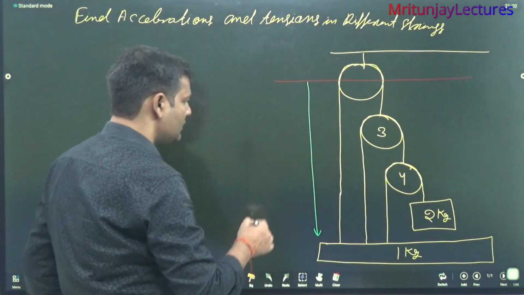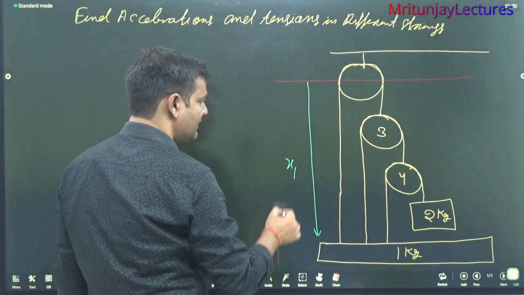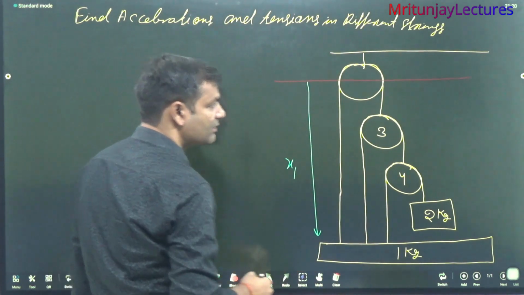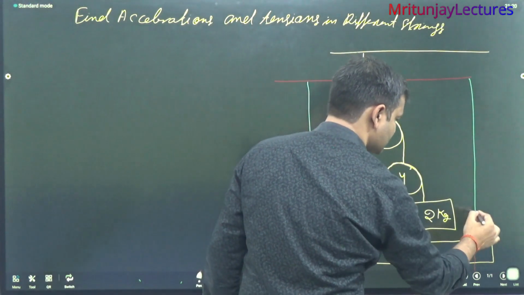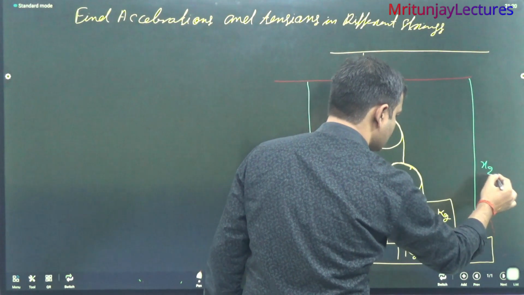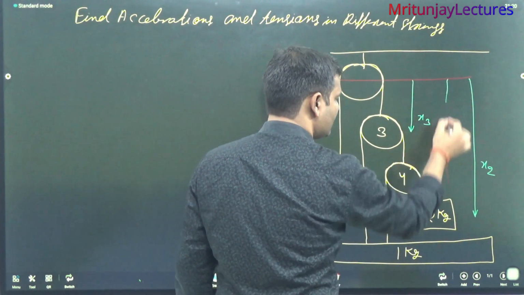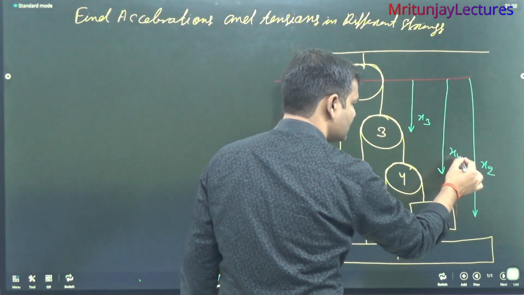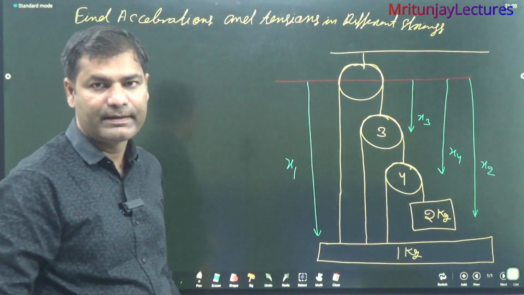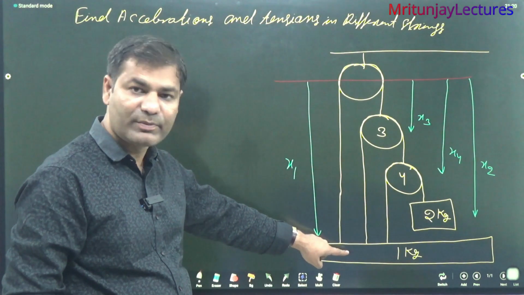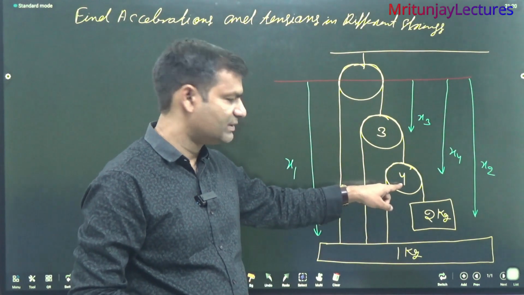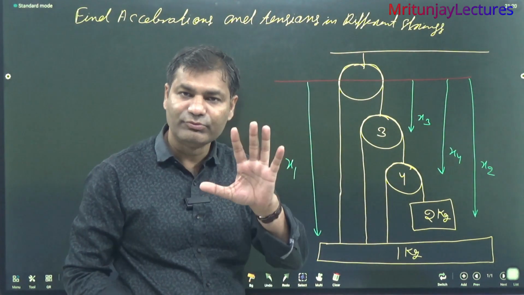Consider x1 from here to here, now this one is x2, here is x3, and here we always consider the movable part. This one is a movable part, this one, this one, and this one is also a movable part.